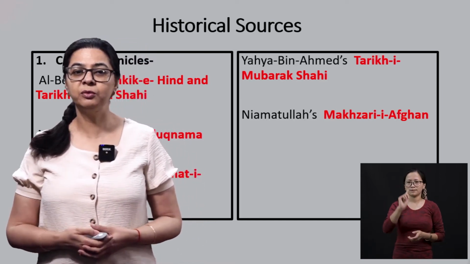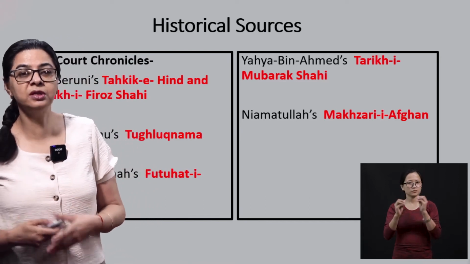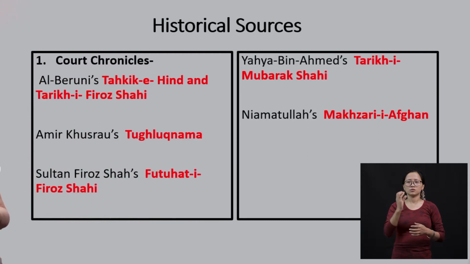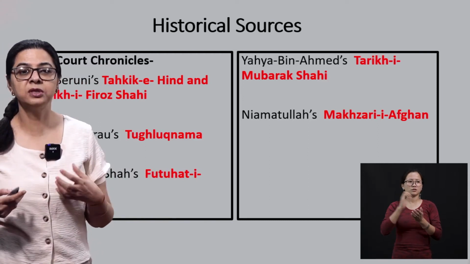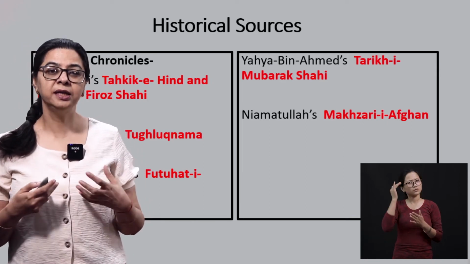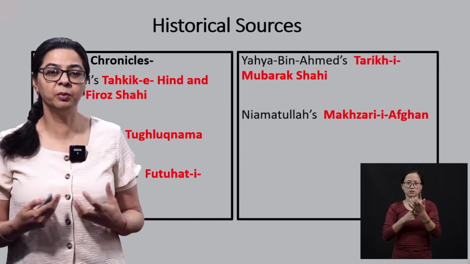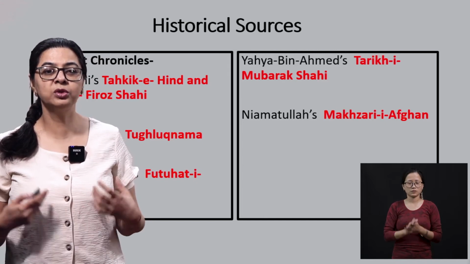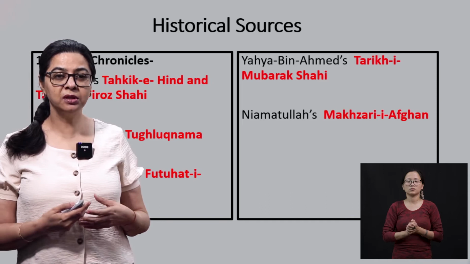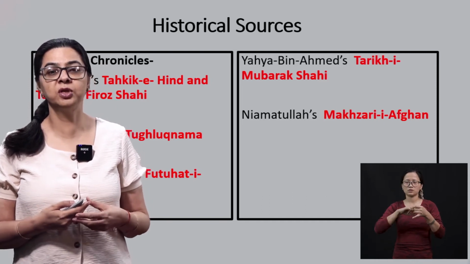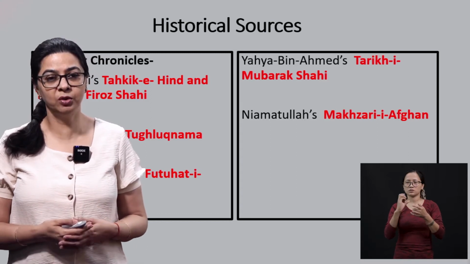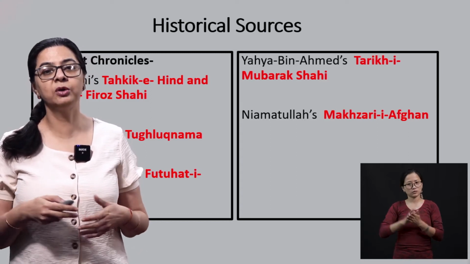The first information that we have about this period called the Sultanate period was the court chronicles. Court chronicles means that there is a well-known scholar who participates in the court. He is part and parcel of the court, and sometimes the Sultan would ask a particular historian, a particular scholar, to write something about him, to write the story about his period.